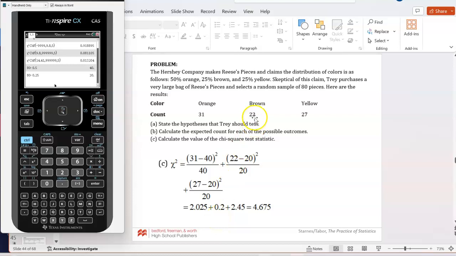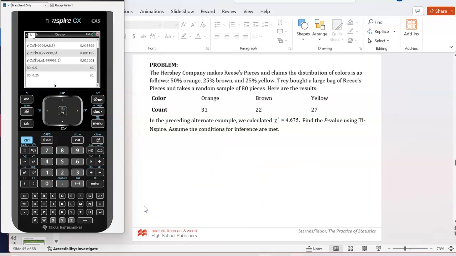It was pretty close to what we expected. We expected 20, and we got 22. Yellow was quite a big contributor here, 2.45 of the 4.675 chi-squared statistic. So yellow was the most different because of the three numbers, that's the biggest difference there. So you can even tell which one was the most unusual when you do this.